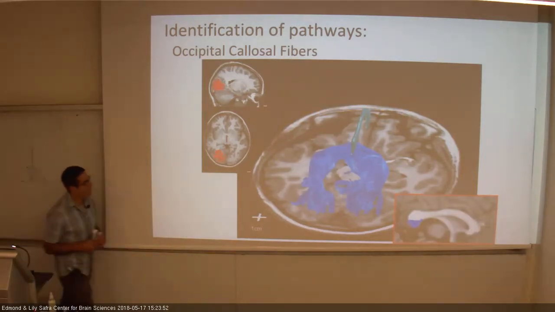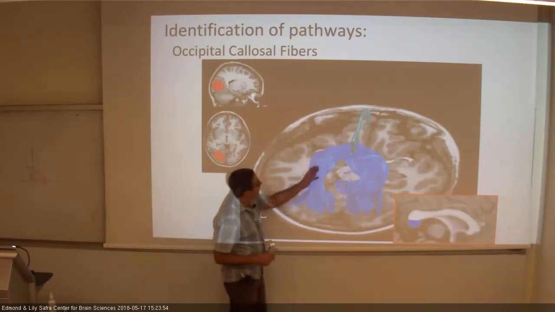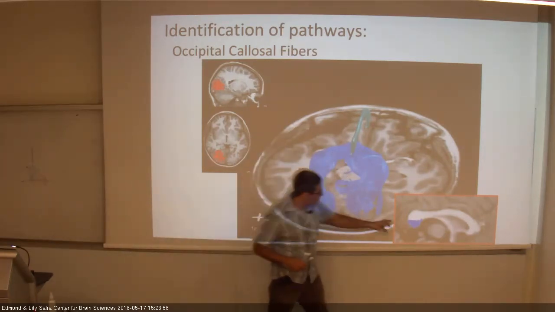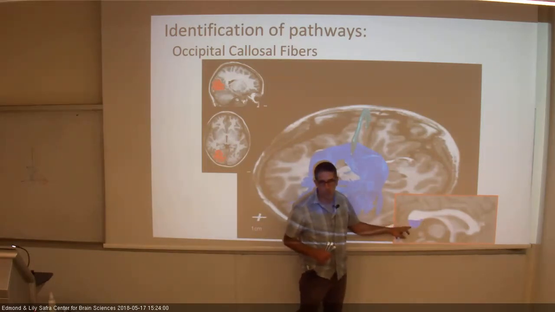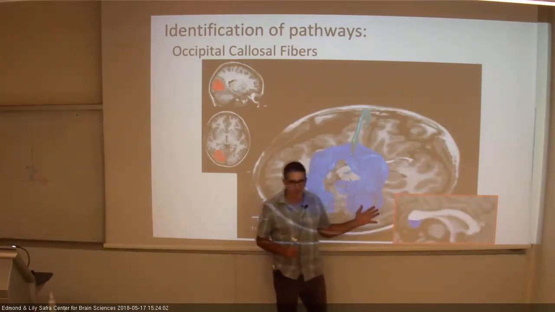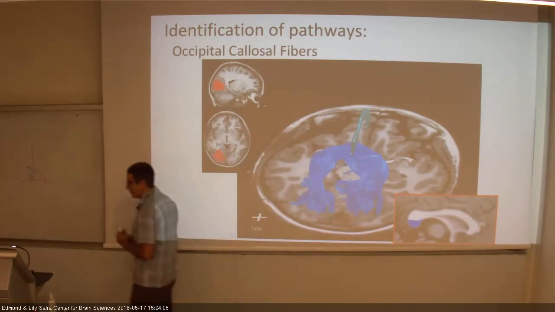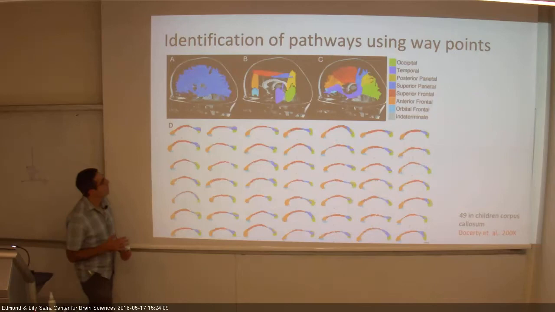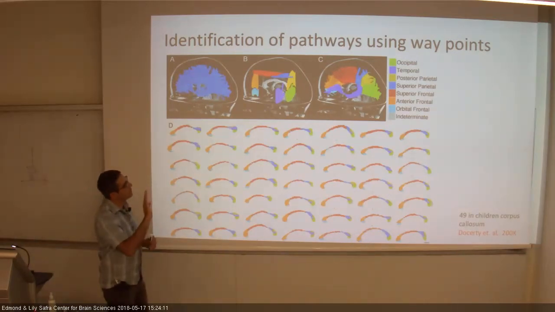Okay, and so I'm getting this callosal fiber of the occipital cortex, and I can also say where it was exactly crossing within the corpus callosum. There's a lot of information that is very useful in terms of the biology, and I can do it with many planes and put different planes in space.